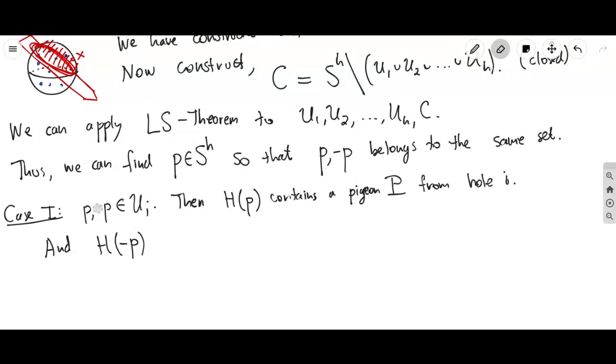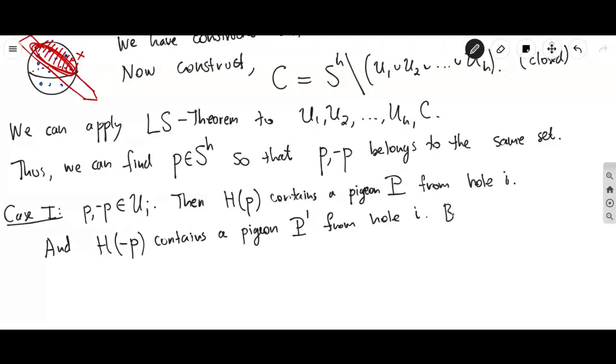That's the way we defined it. So if negative P is in U_i, then that means the hemisphere at minus P, at the antipodal point, contains a pigeon, call it P prime, from hole I also, right? Because they're both coming from the same open set U_i.